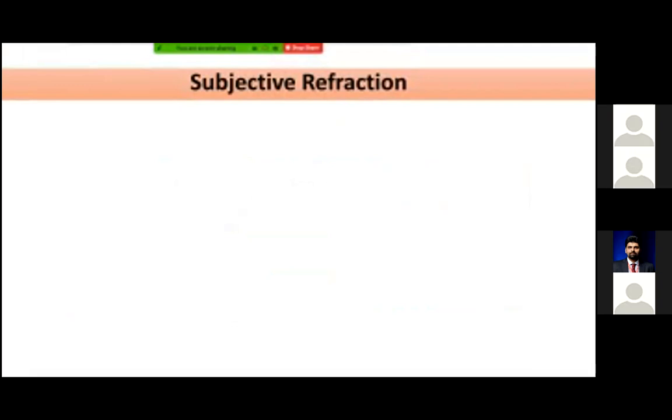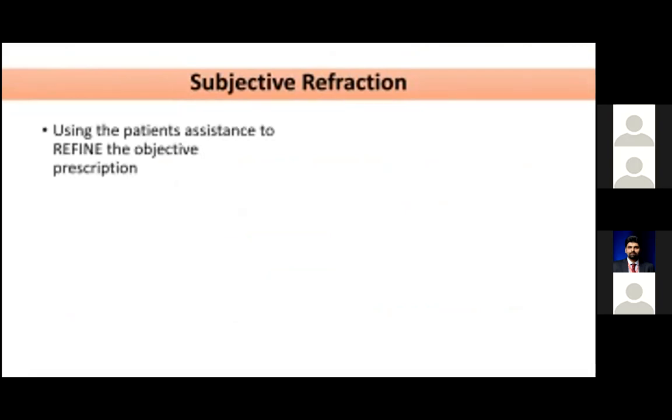Right. So subjective refraction is not as conceptually heavy as objective refraction. It's much more fun, it's much easier, and it's not that difficult to understand. We have now got the objective refraction, and in subjective we use the patient's assistance to refine this objective prescription.